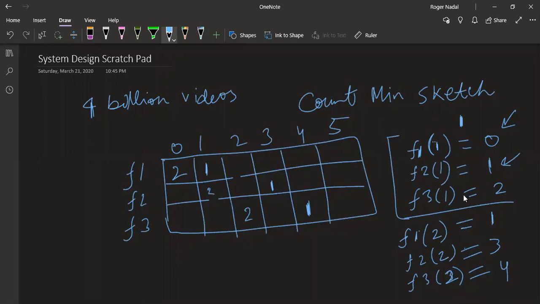Yeah, let's collide at least one, that will be a better case. So let's collide F2 of 2 to something, maybe 1. And make F1 of 2 something totally different, let's call it 5.